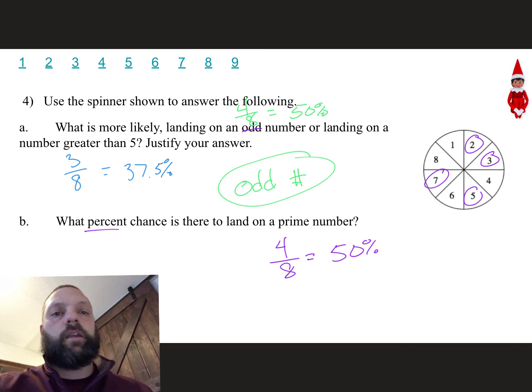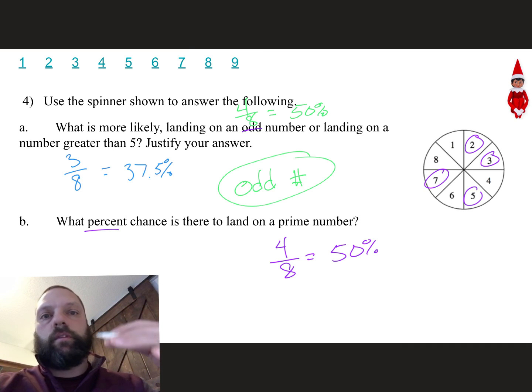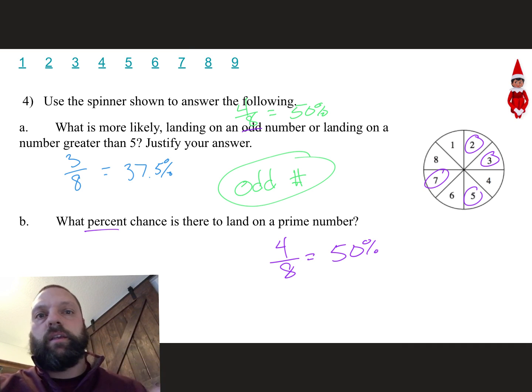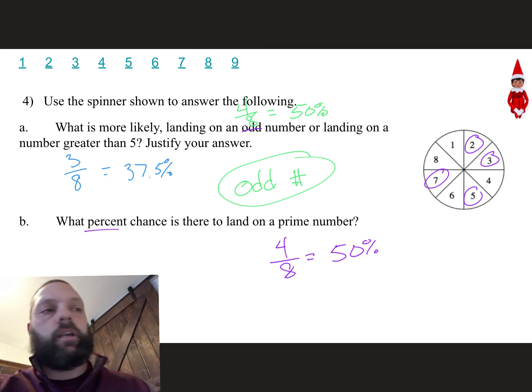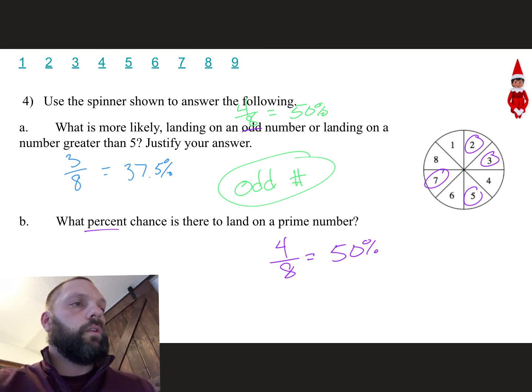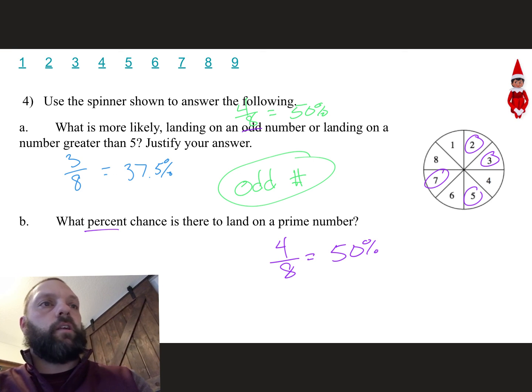I type it in on my calculator, 4 divided by 8, and then I actually have to multiply it by 100, then that'll give me my percentage. Okay, so again, just kind of reflecting back, 2, 3, 5, 7, 11, 13.